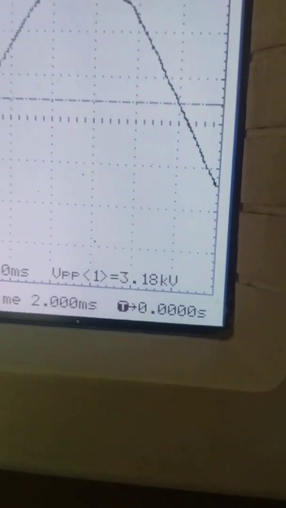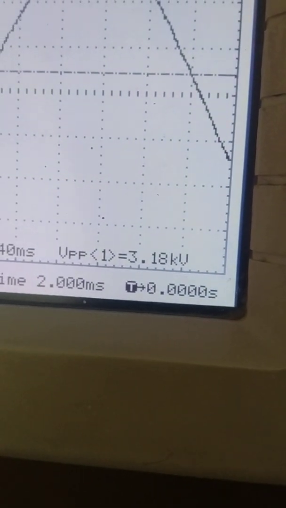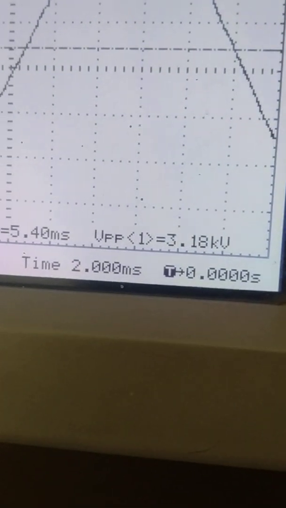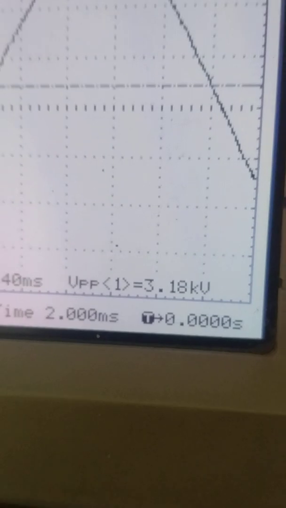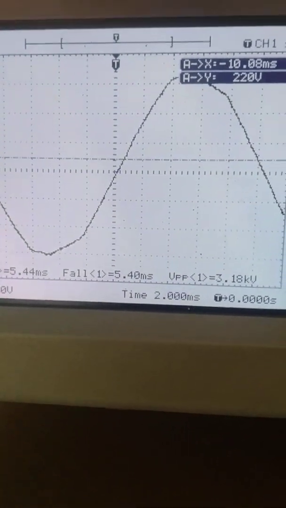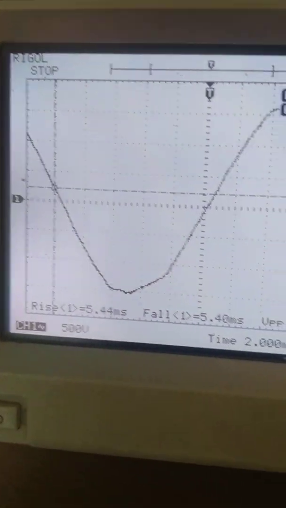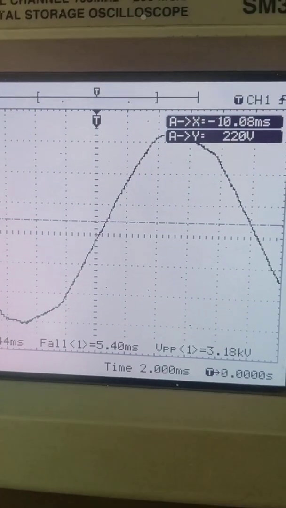For this circuit, VPP equal to 3.18. Peak to peak voltage is 3.18. These parameters are displayed on the screen of DSO.